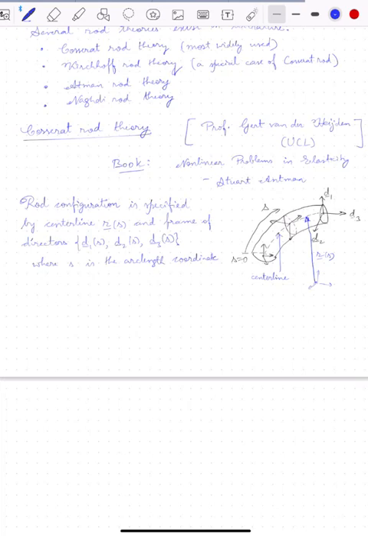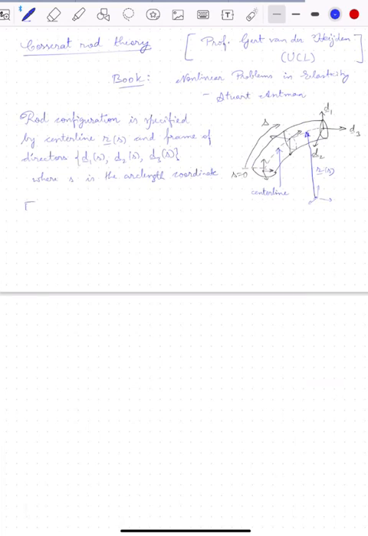If the mapping is gamma, then the derivative of gamma at any point s gives us the local tangent vector. The issue becomes apparent when we have a straight curve. So there's a slight digression: why don't we use the Frenet-Serret frame?